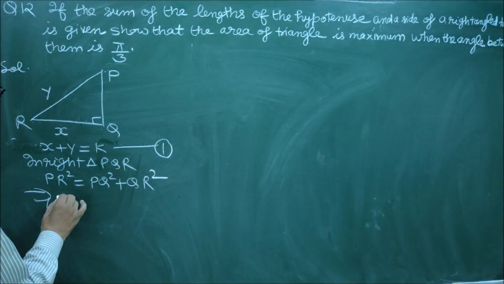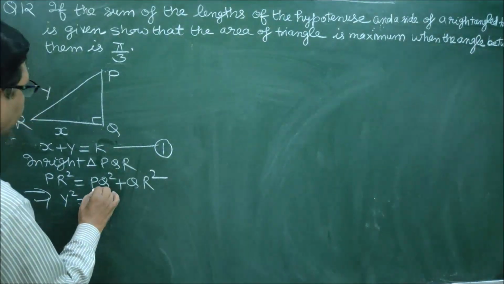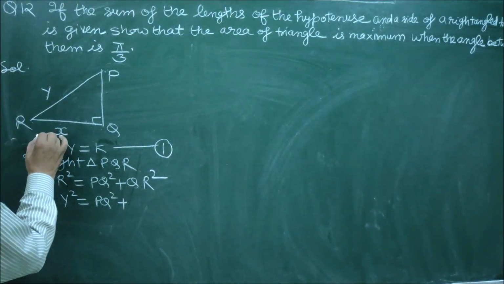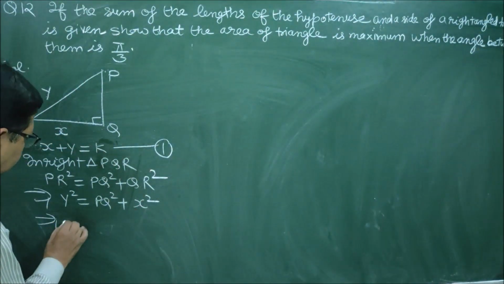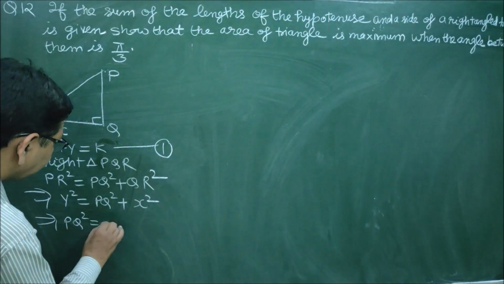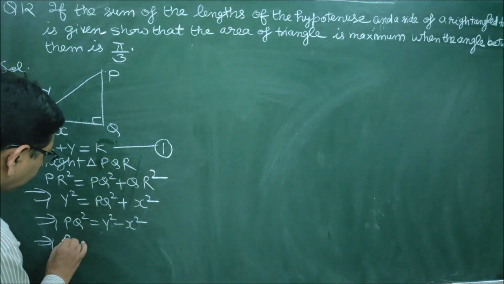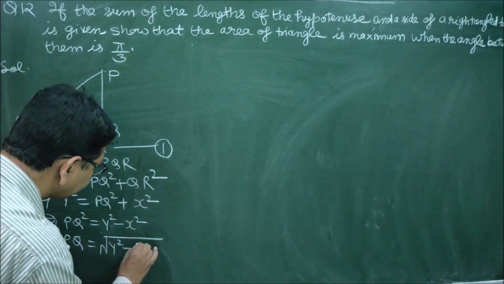So PR, that is y square, is equal to PQ, which we want to calculate, plus QR, whose value is x. So PQ square is equal to y square minus x square, or PQ is equal to under root of y square minus x square.